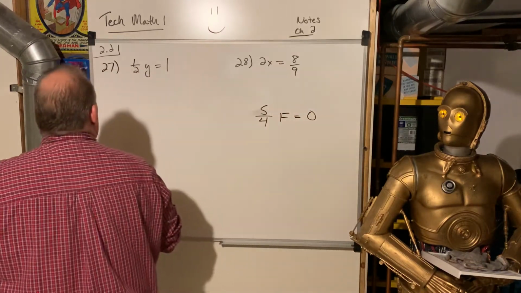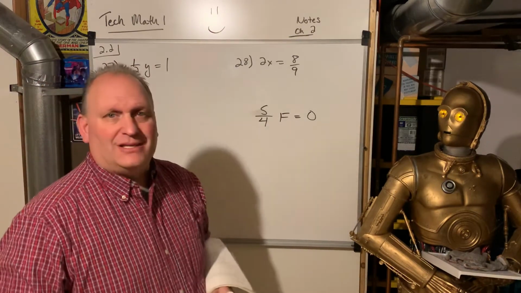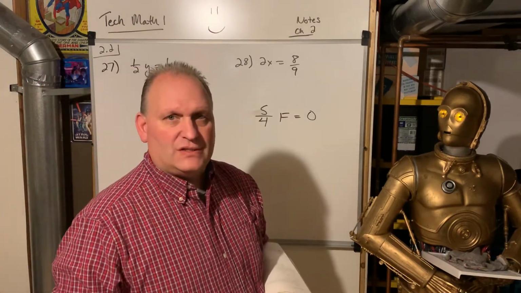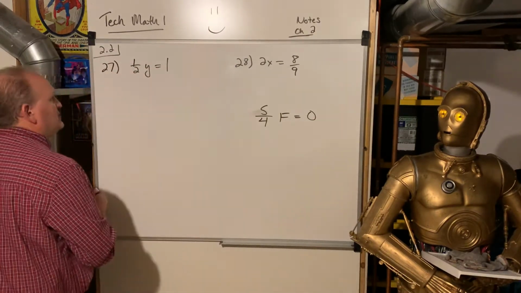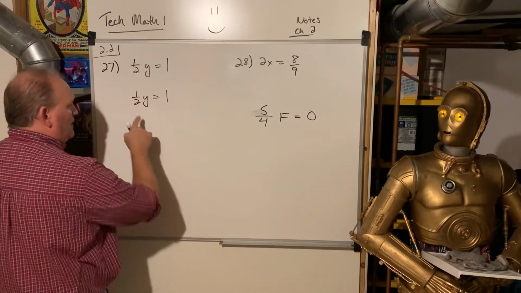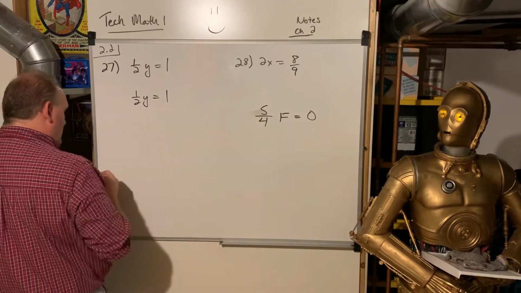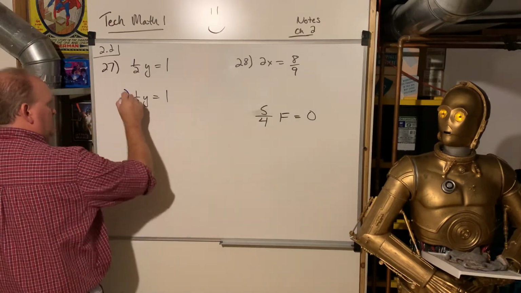All right, so when we have a fraction in front, remember the name of the game is to get 1x equals. So there's two different ways to attack the problem. The easiest way, or the most efficient way, is to think about, all right, I want 1y here, so to get 1y when there's a fraction, I multiply by the reciprocal.